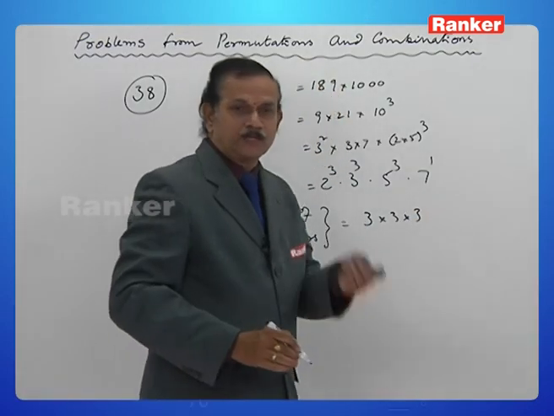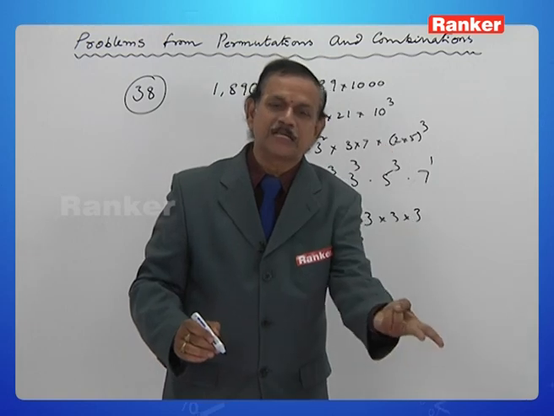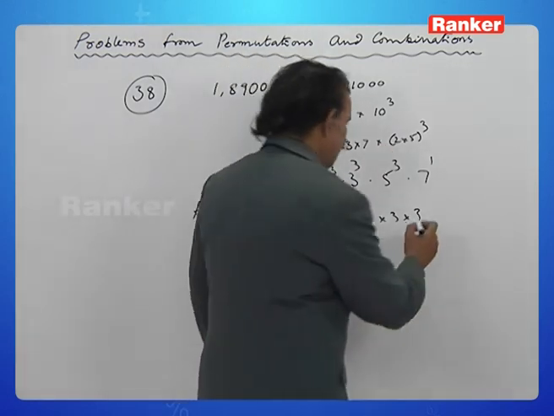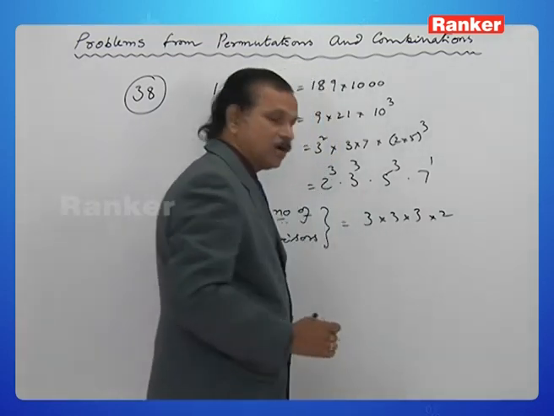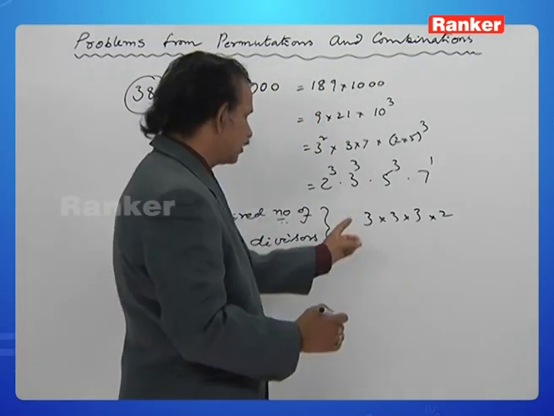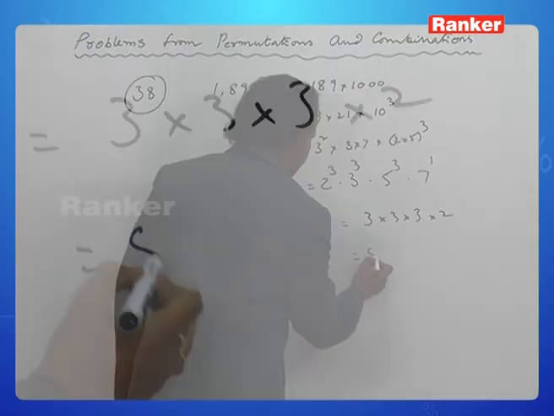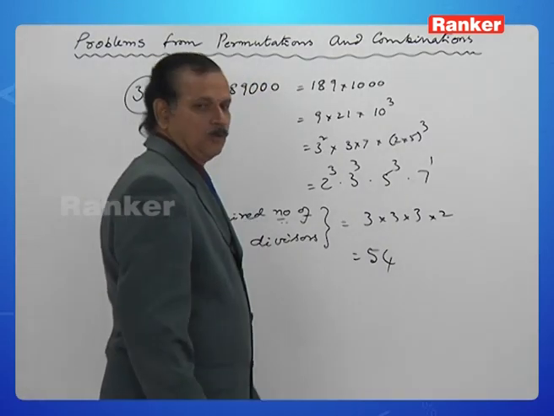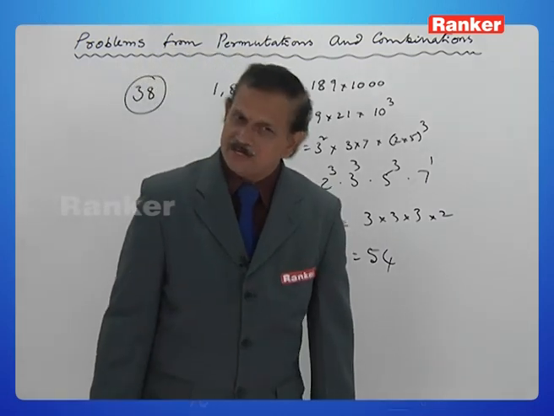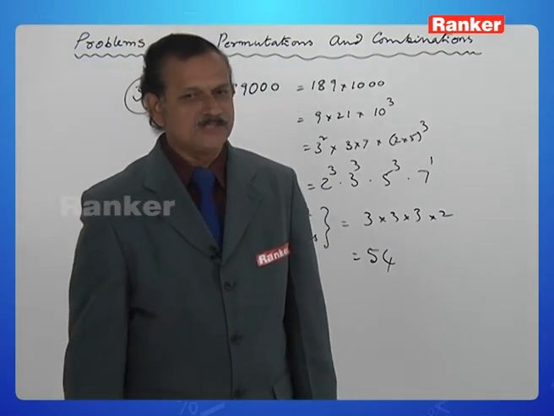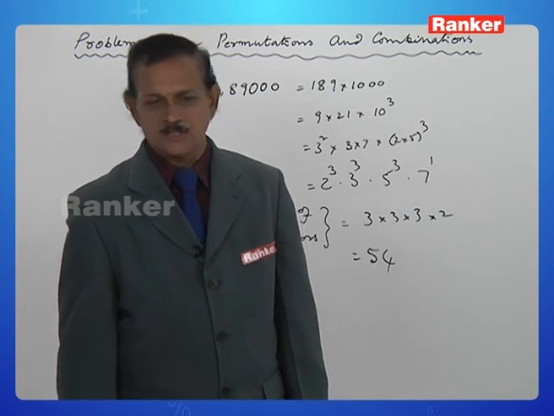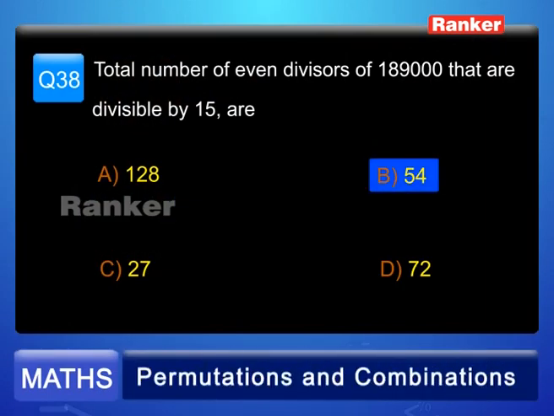Regarding 7, it may occur, it may not occur. How many cases? 2 cases are there. So the total number of such divisors is 3 into 3 into 3 into 2, that is 27 into 2. How much? 54 is the answer. Therefore, the total number of even divisors that are divisible by 15 is nothing but 54. That is, second option, option B, is the right option for this question.